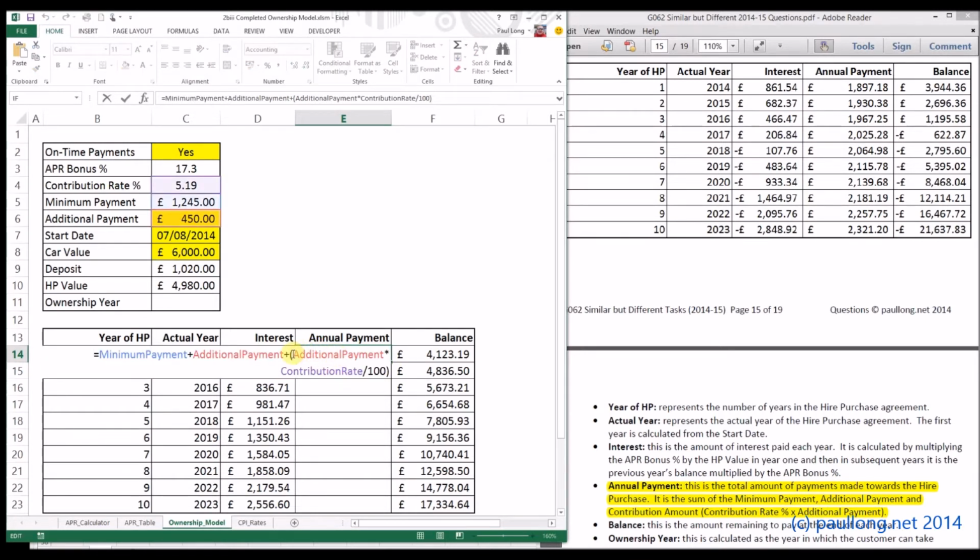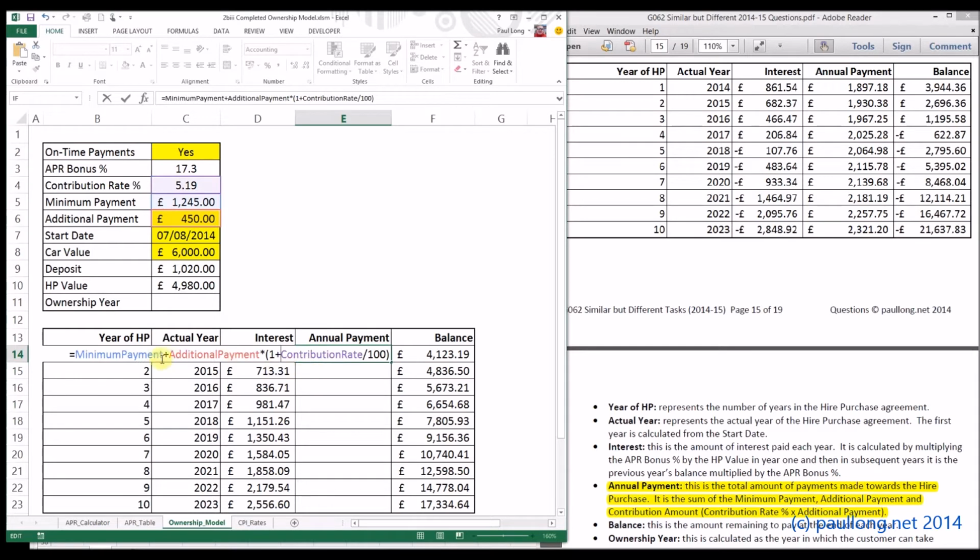Now, we can make this a little bit easier. You can do additional payment plus additional payment times contribution rate divided by 100. So because we're multiplying the additional payment by this contribution rate, we're going to put this as a multiply here and change the additional payment there to be 1 plus.